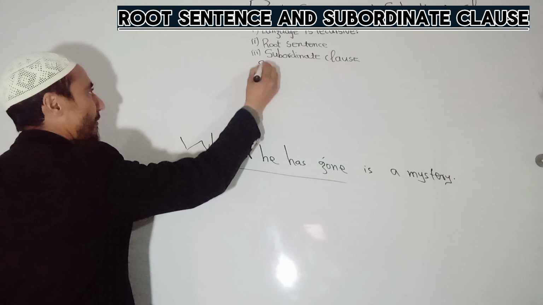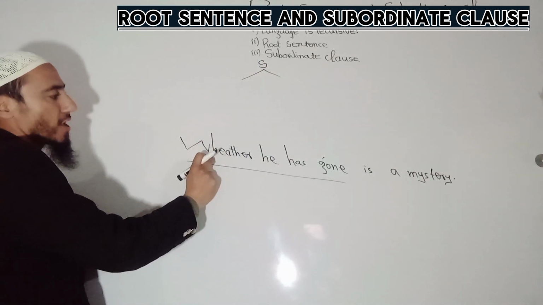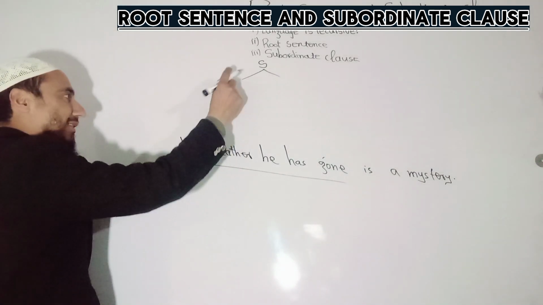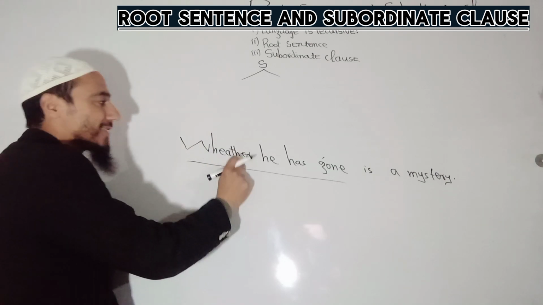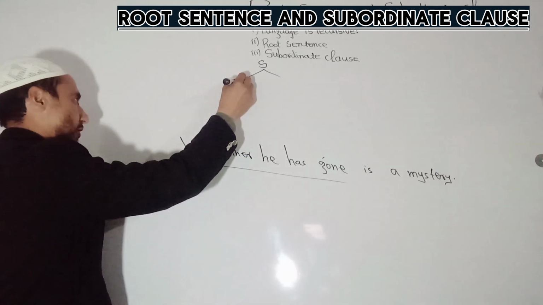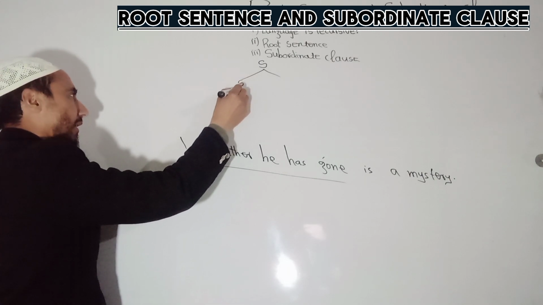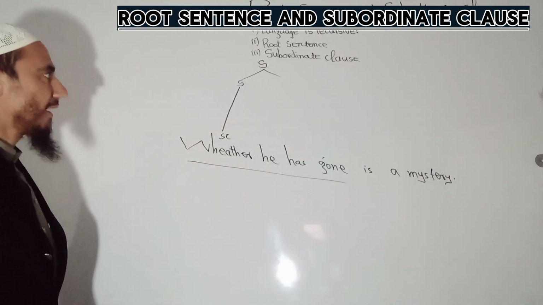So in a sentence we have S. Here you see we have "whether," which starts the subordinate clause, so for it we write SC. SC means subordinate clause.